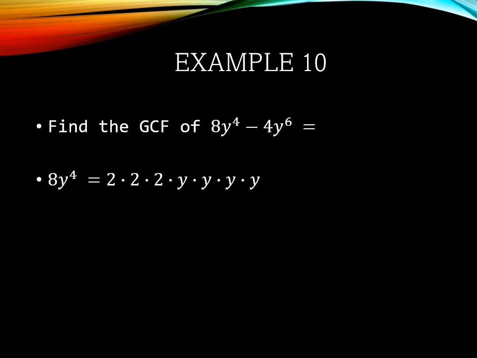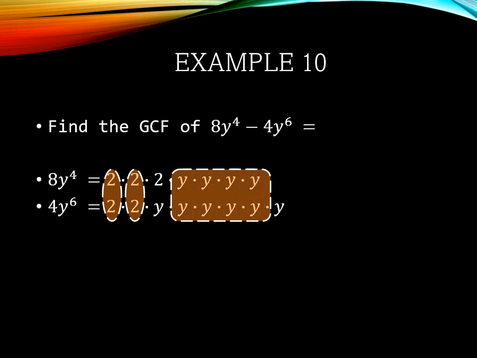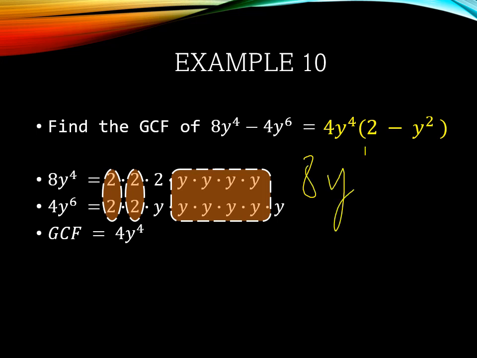Now, another example, we're going to pull out the greatest common factor. So the greatest common factor is 4y to the power 4. So we're going to factor out 4y to the power 4, and we're going to have inside the parentheses 2 minus y squared. To find 2 minus y squared, we use division. So 8y to the power 4 divided by 4y to the power 4, the answer is 2.